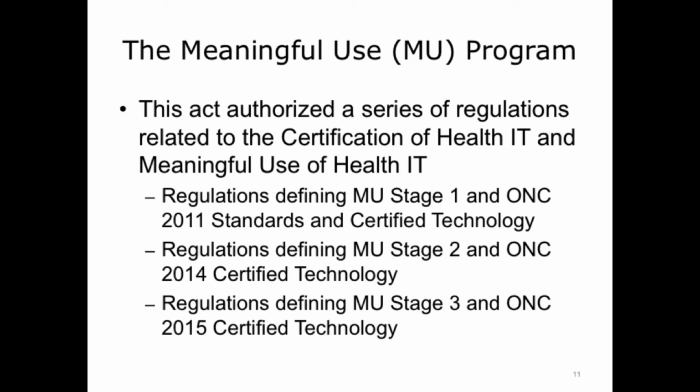Then the next series of regulations defined meaningful use Stage 3 and ONC 2015 certified technology. This particular program is meant to be a three-stage program, so that is where it ends. However, it does not mean that you stop meaningfully using health IT, but rather you continue having these functionalities in your systems.